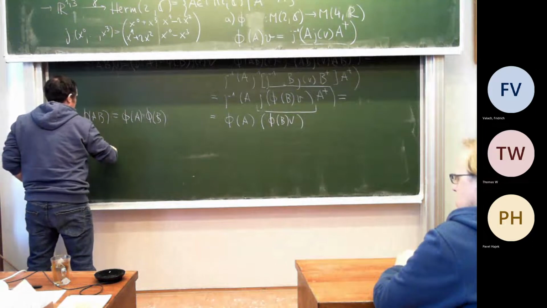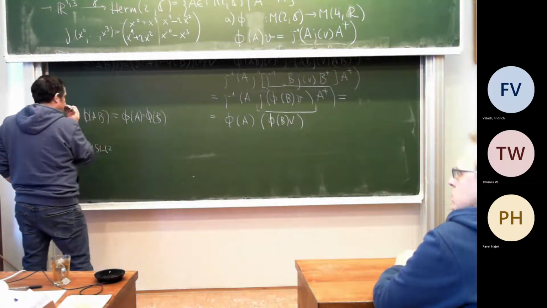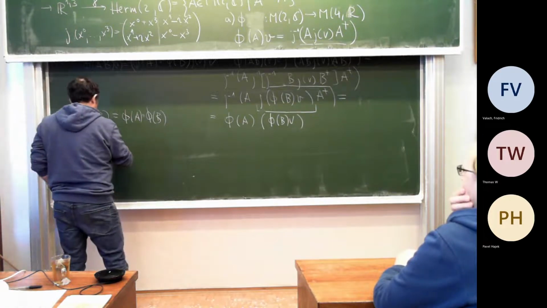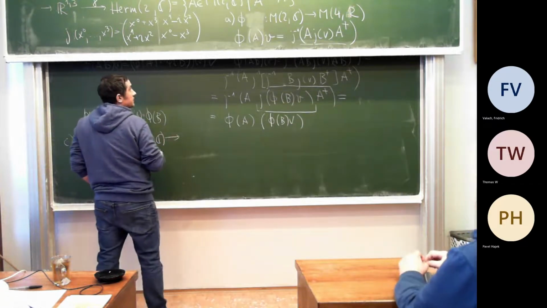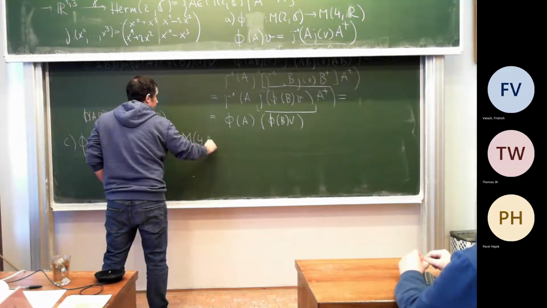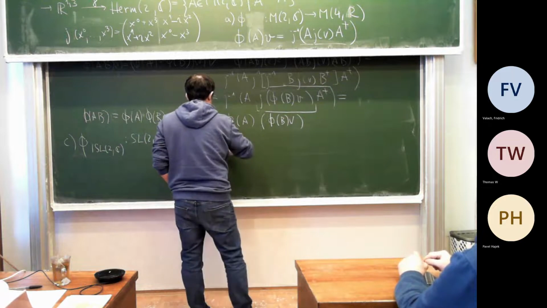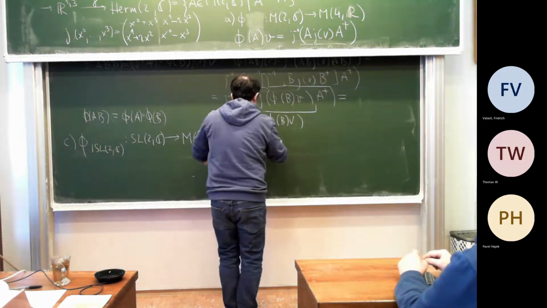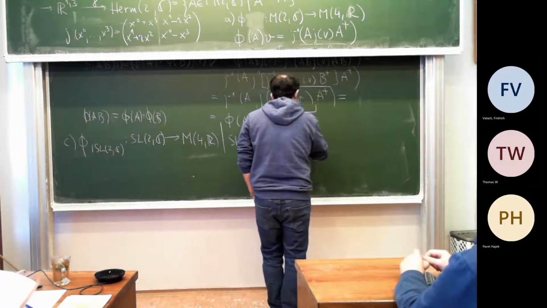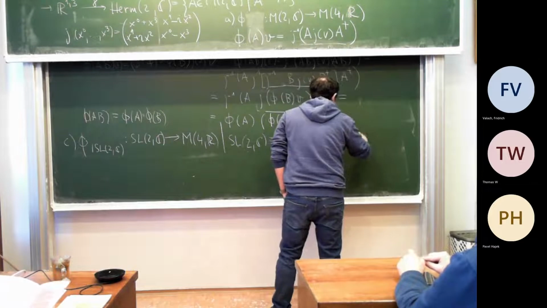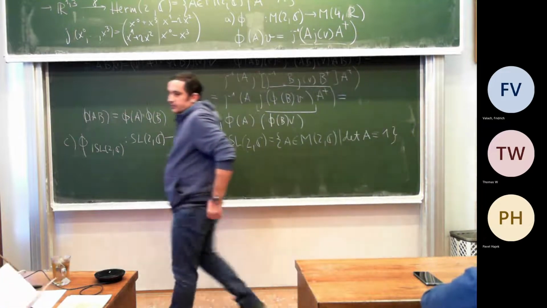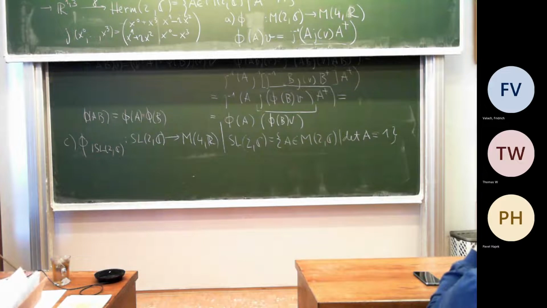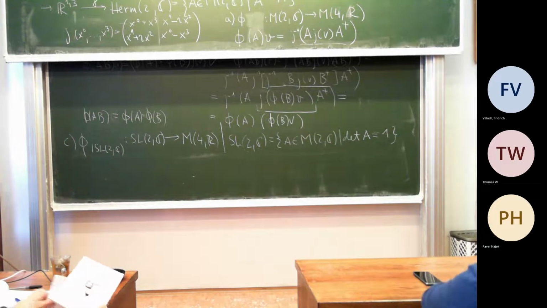And we restrict it to a subgroup. This phi we restrict to the subgroup SL2C, which you probably know is the group of all 2 by 2 matrices with determinant 1, which is easily seen to be a subgroup because everything is invertible because of the determinant, and the determinant of a product is the product of determinants.